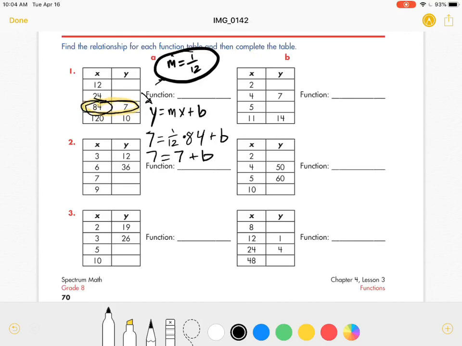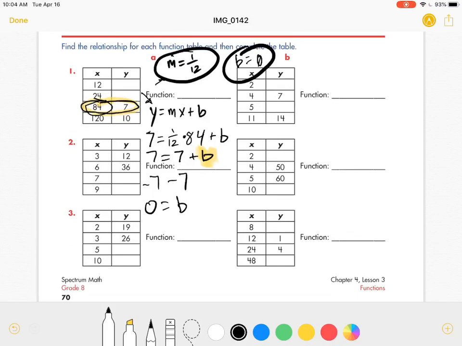So now I want to solve for b. I want to find out what b is. So I'm going to subtract 7 from each side, minus 7, and I'm left with 0 equals b. So m equals 1/12, and b equals 0.